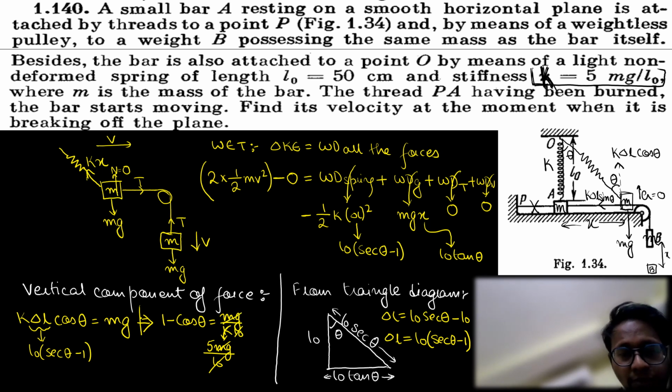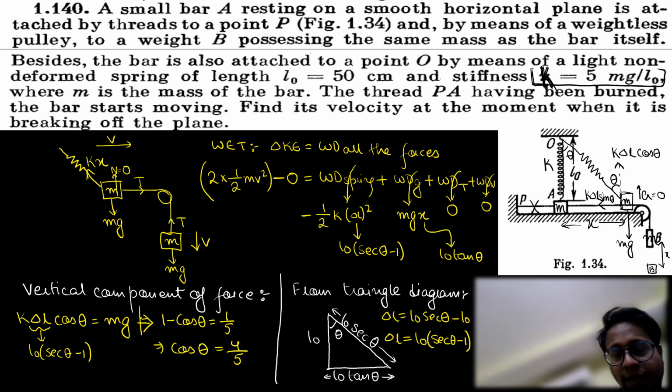So 1 minus cos theta would be equal to 1 by 5. If I bring cos theta to the right hand side and 1 by 5 to the left hand side, cos theta is equal to 1 minus 1 by 5, equal to 4 by 5. Cos theta is equal to 4 by 5.